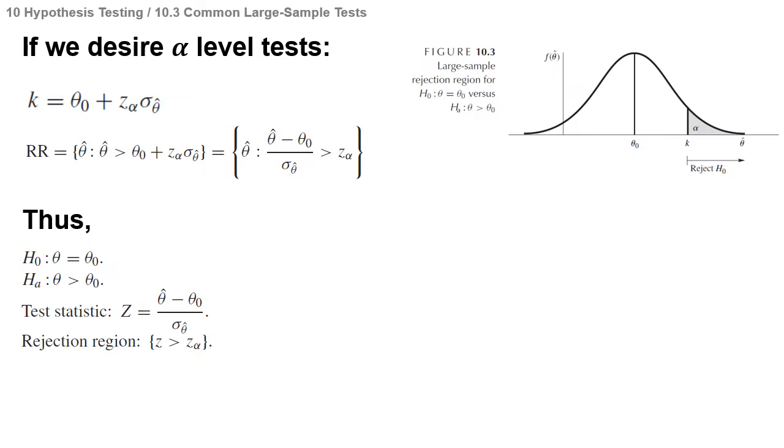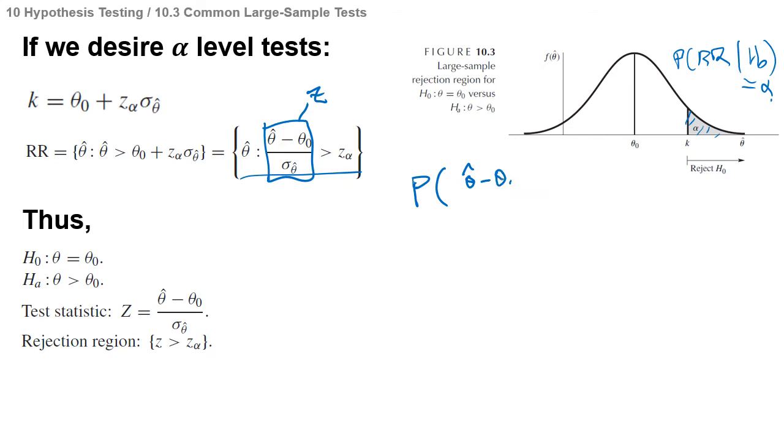If we desire an alpha level test, what this means is that we want the probability of rejecting given H0 to be alpha. By using CLT, this follows the standard normal distribution, and so the probability that theta hat minus theta 0 divided by sigma theta hat is larger than Z alpha is alpha.